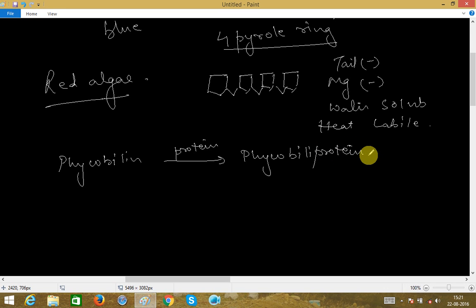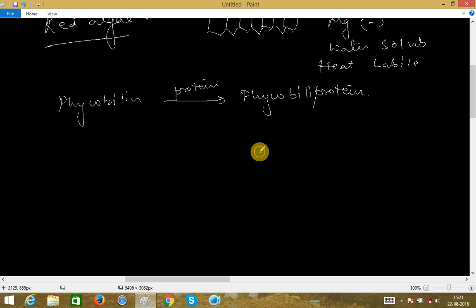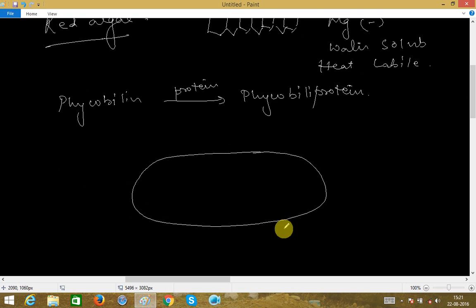What are phycobiliproteins? Now these phycobiliproteins will aggregate, they will join to one another and form a group over the thylakoid membrane. Let me show you. Let's say this is the thylakoid. This is not the chloroplast, I am showing you this to be the thylakoid, and this is the thylakoid membrane. Now phycobiliproteins are going to get aggregated.